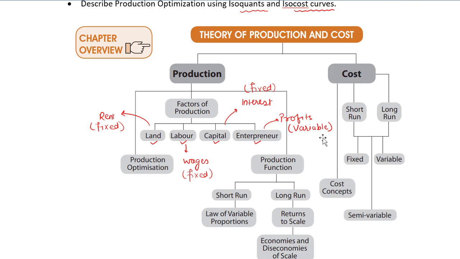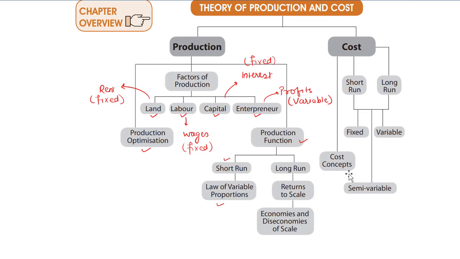So in case of production, we need to understand the meaning of production optimization, and then we'll shift to production function. Short run production function, law of variable proportions, and we'll see long run production function, returns to scale, economies and diseconomies of scale.